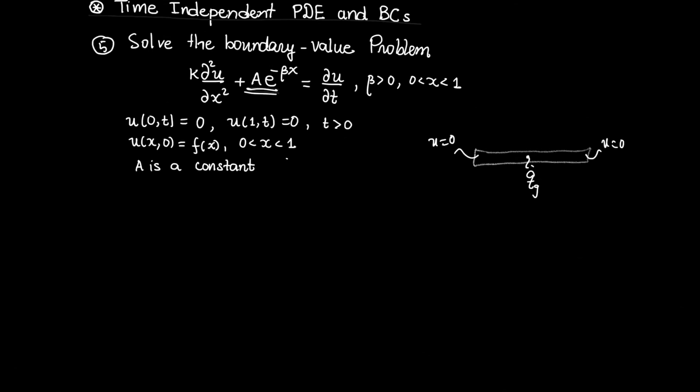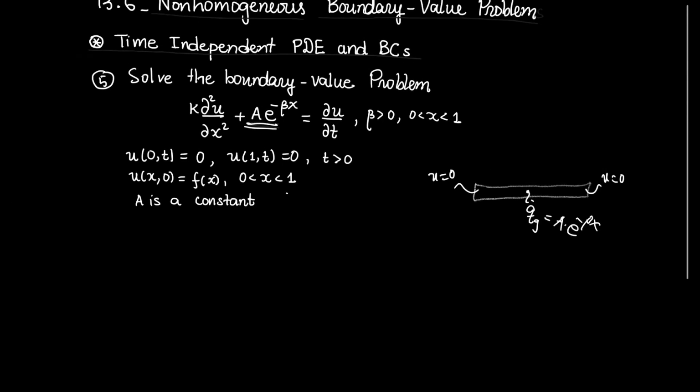For example, this generated heat source was A e to the minus beta x. It could be that this generated heat is due to the decay of the material of the rod. Either way, you have to analyze and solve that problem.